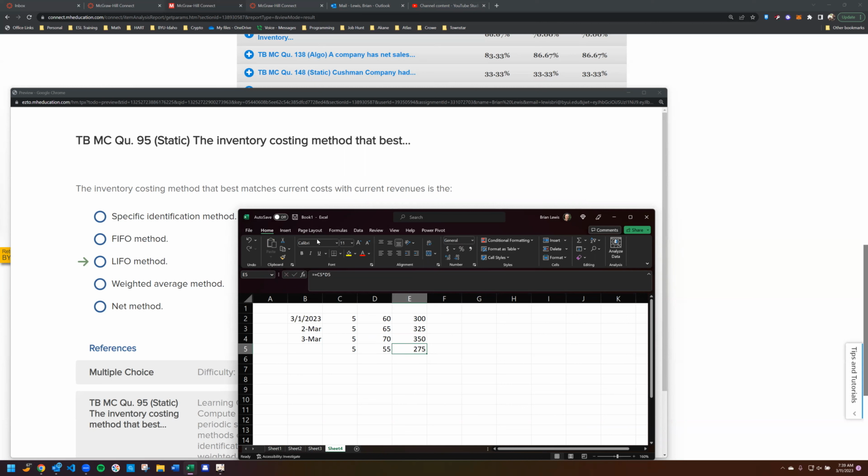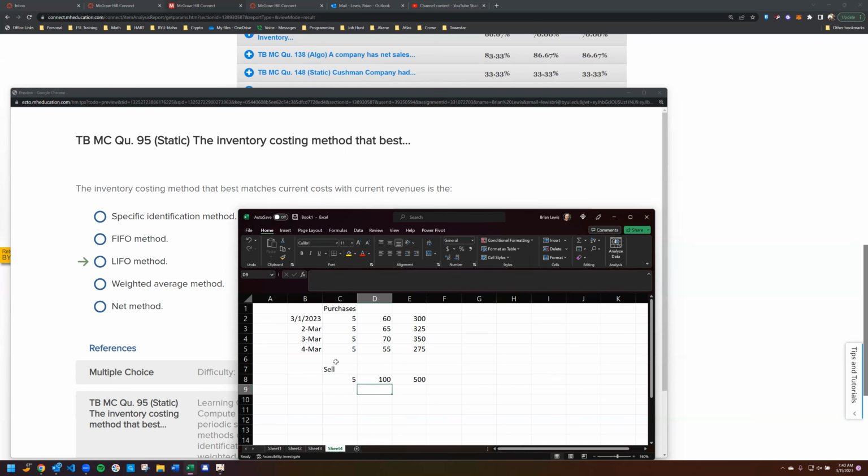Now, when your current revenue, 3/4, let's say then I sell, say, I don't know, 5 units. This is the purchases, and this is the sales. Let's do a sale. 5 units, and let's say I sell them for $100. Okay.